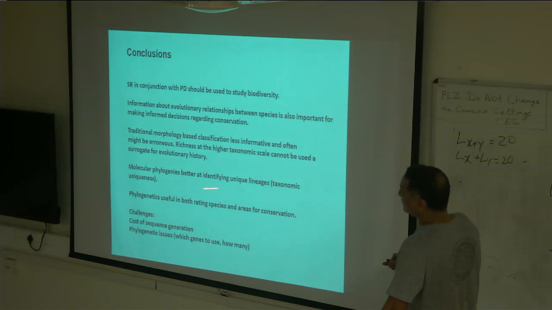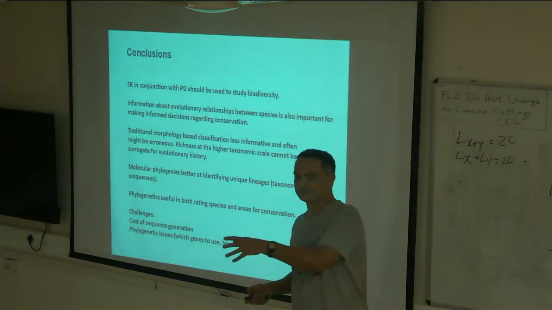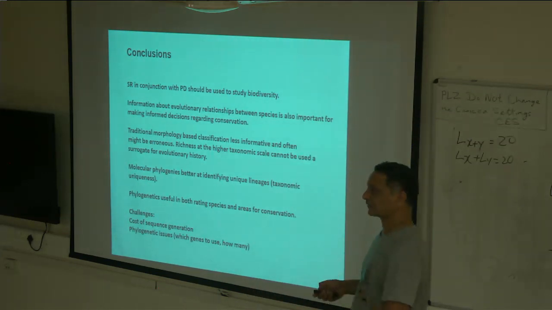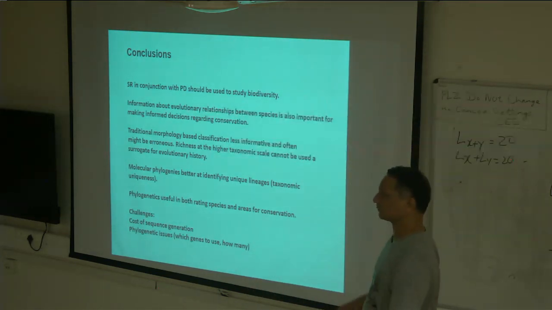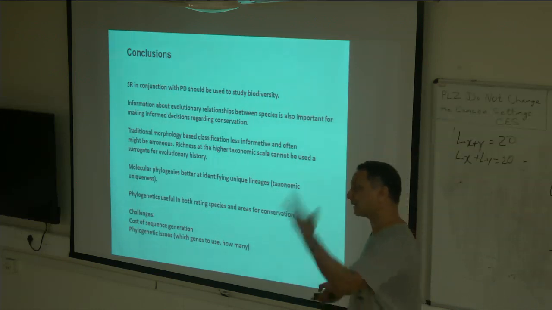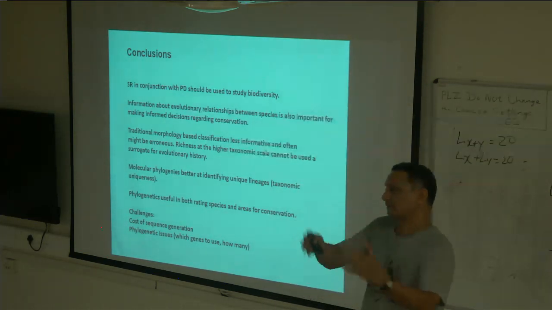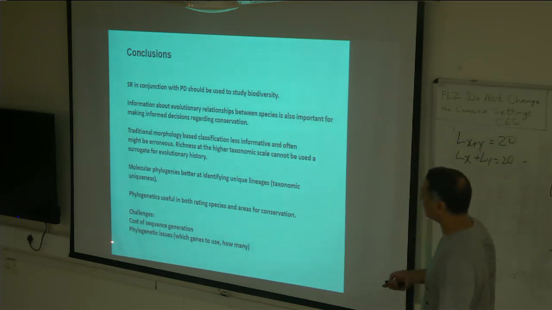This approach can also be used to identify the unique lineages that are contributing to PD, and maybe those lineages one should be looking at more carefully and trying to prioritize. So phylogenetics is useful in both rating species and areas for conservation. Rating species would be when you identify those unique lineages that are boosting the PD, and then overall PD, which area has higher PD and all that.